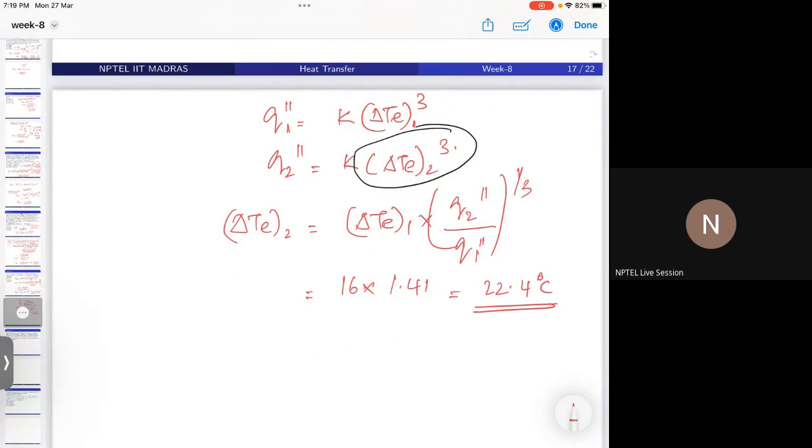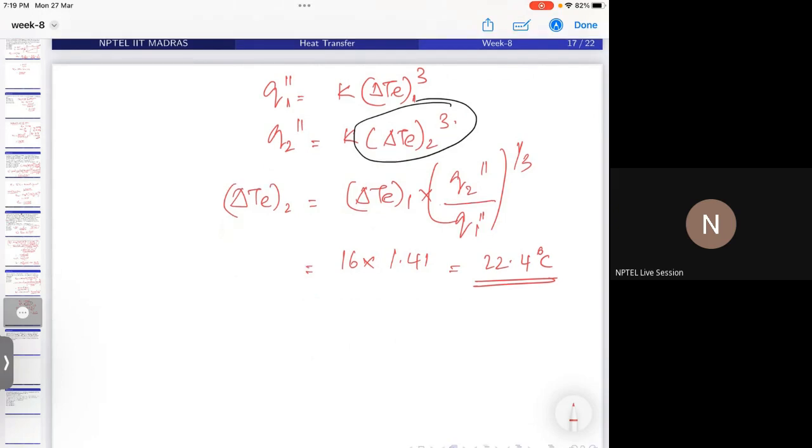surface superheat. So now from the conduction equation, Tb2 is equal to T surface 2 plus... T surface 2 is equal to delta T2 plus T saturation, which will become around 79.4 degrees Celsius.